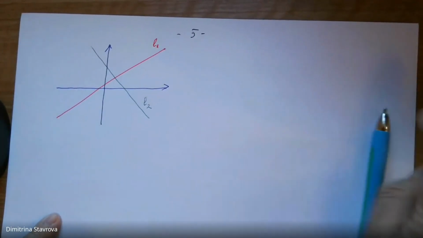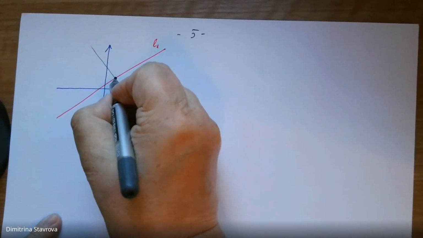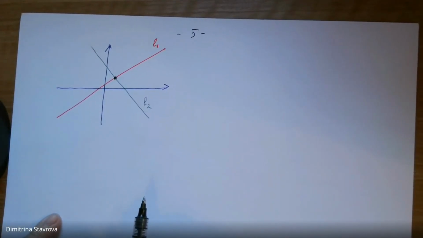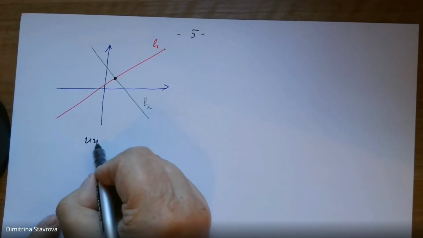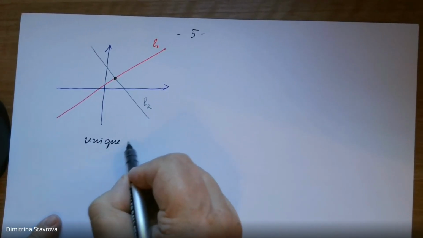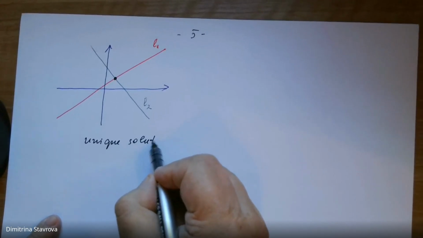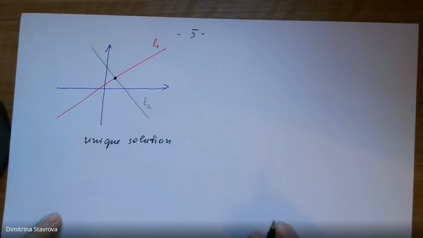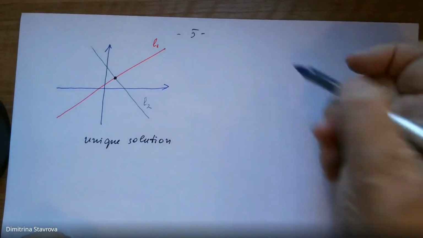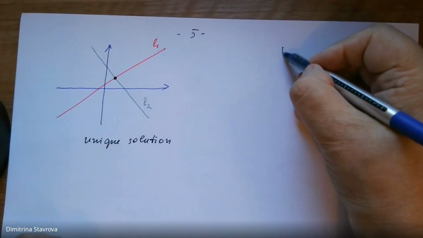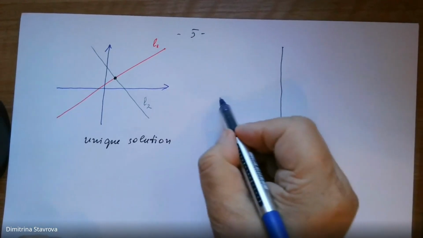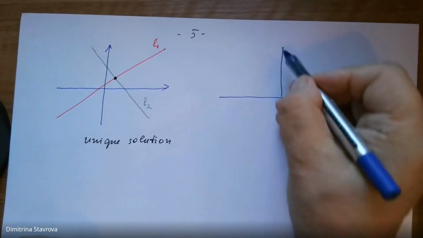As we see, they intersect in only one point, hence we have a unique solution of the corresponding system of two linear equations with two unknowns.